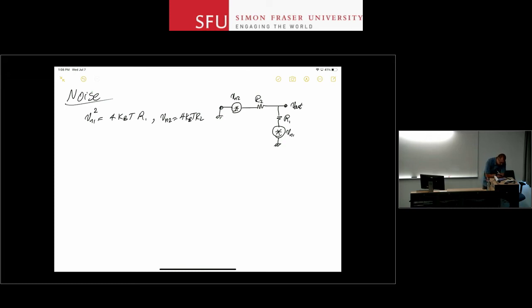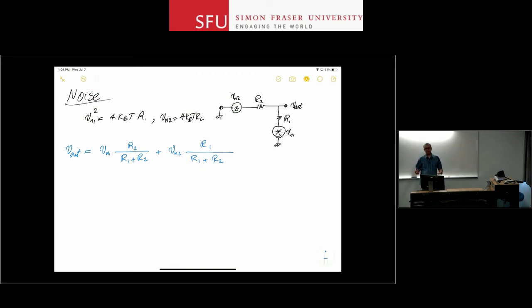So I can show right away that V out is Vn1 times R2 over R1 plus R2, plus Vn2 times R1 divided by R1 plus R2. Okay? If these two were normal sources, that would be the output, and then I'd be done.